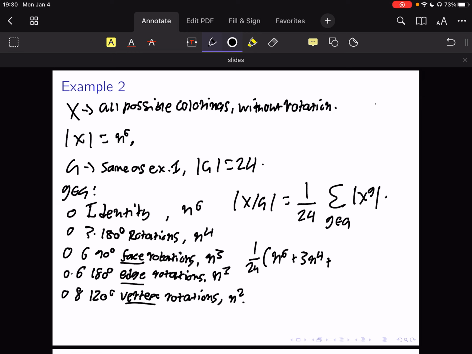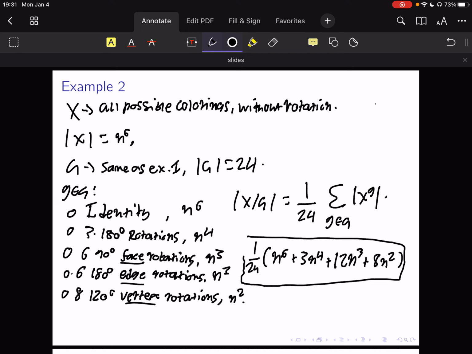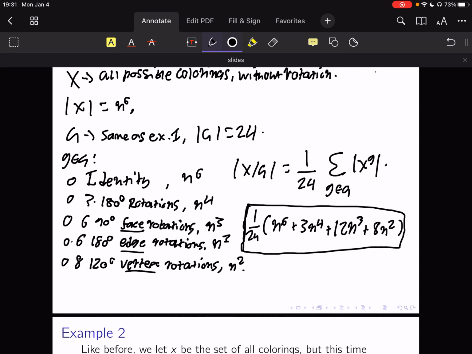Then, noticing that both the face and the edge rotations each have n cubed fixed points, and there are 6 of each, we just add them, so we get 12n cubed plus 8 times n squared for the vertex rotations. So this is our answer. We've obtained a polynomial that will give us the number of distinct colorings for n colors.